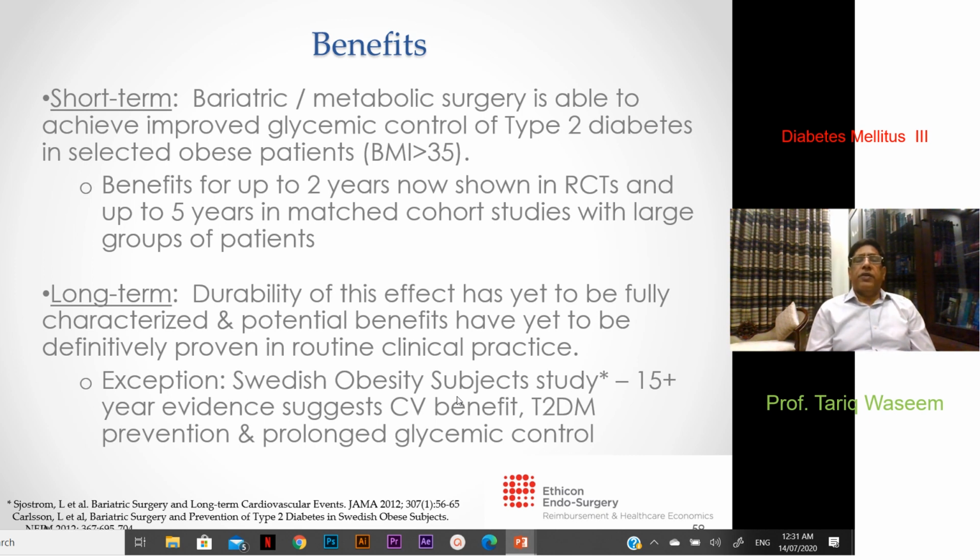So there are benefits associated with this bariatric surgery: at around 2 years, the randomized controlled trials have shown that there is definite improvement in not only weight but control of diabetes mellitus as well.